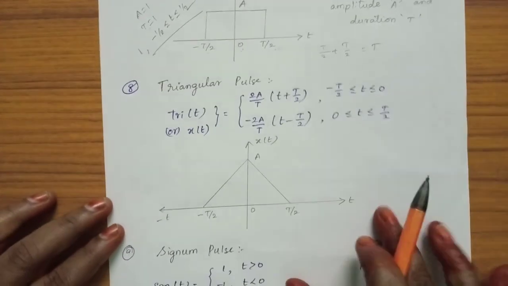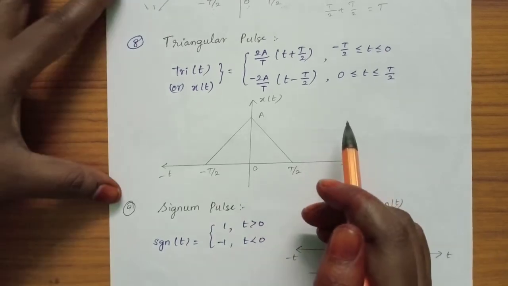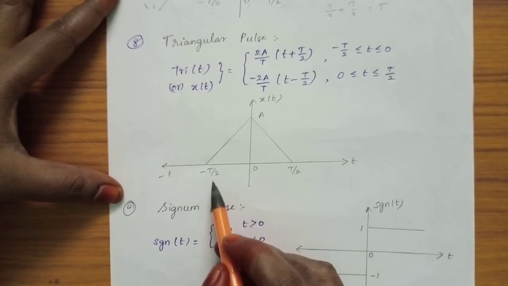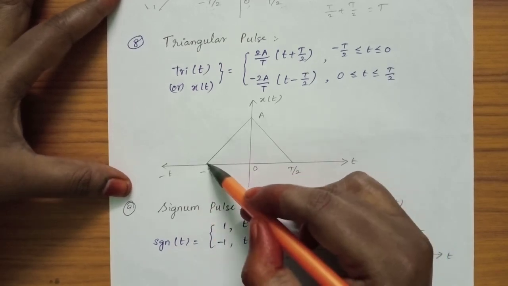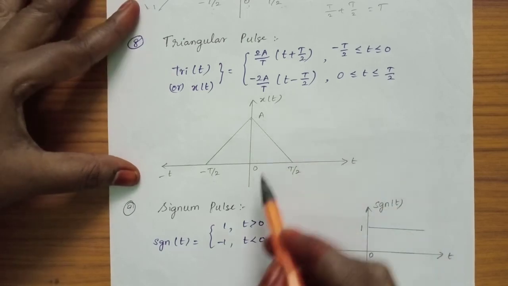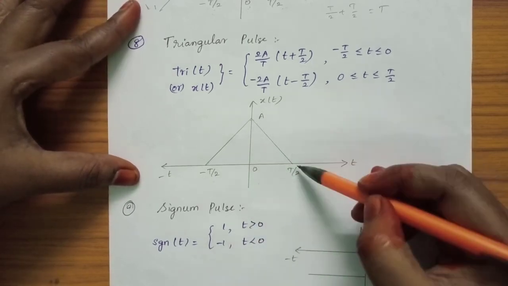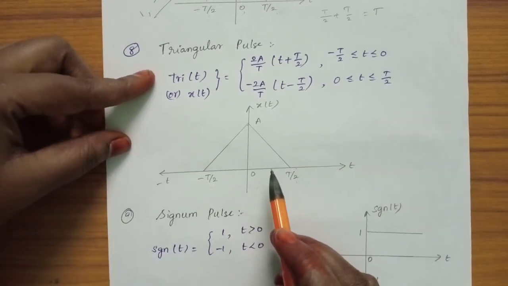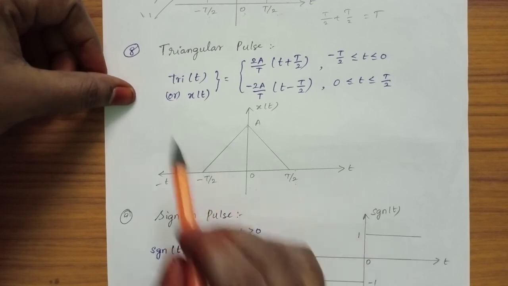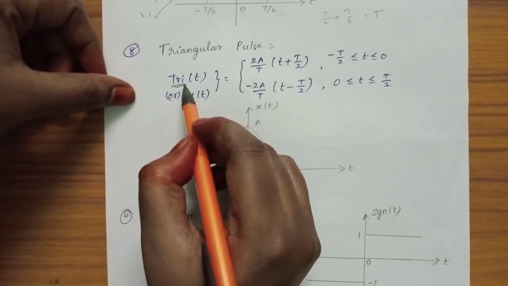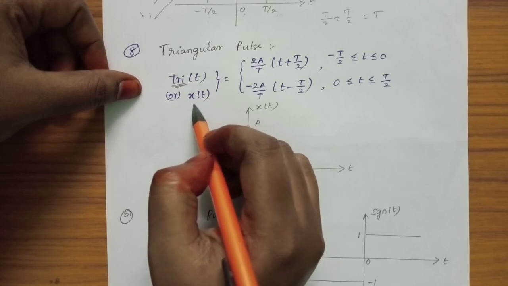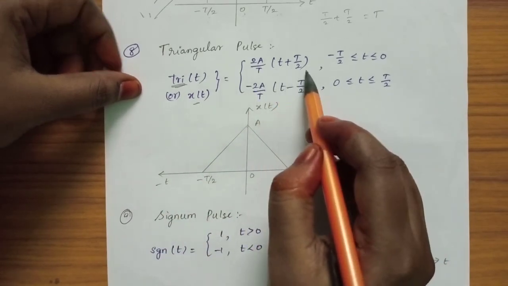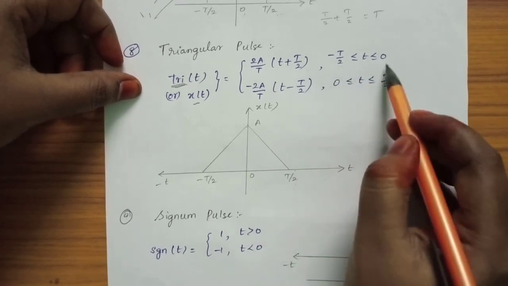Okay, next, triangular signal. This is a graphical representation of the triangular signal, that is minus T by 2 to 0 is linearly increasing, and 0 to T by 2 it's linearly decreasing. Okay, so the mathematical equation for this triangular pulse is tri of t, it's denoted by tri, or we can also write it as x of t. 2A by T into t plus T by 2 for minus T by 2 to 0.